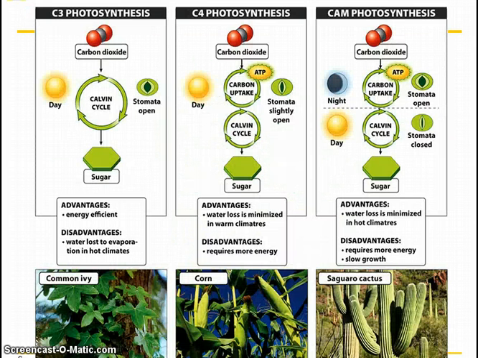And what's really neat, I couldn't leave it out, is how different plants have different ways of doing photosynthesis depending on their environment. You've got C3 plants, which are most of the plants that we think of. C4, they use a 4-carbon sugar, and CAM. So plants have these little stomata where they take in carbon dioxide.